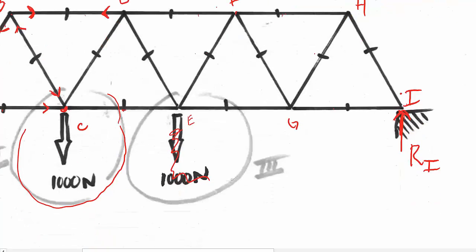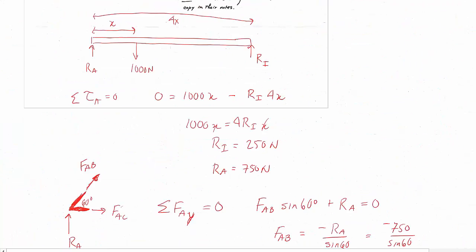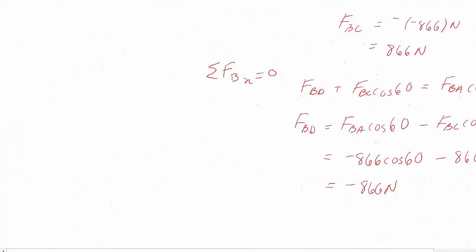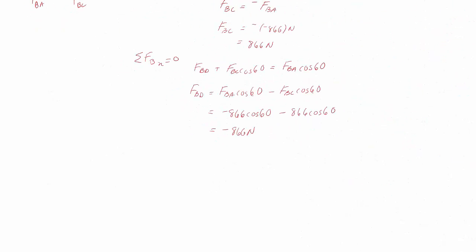So we could do joint C now. It's probably the most complicated joint to analyze just because it has 4 members plus a force. So let's do that. So first I'll just kind of sketch out the joint.